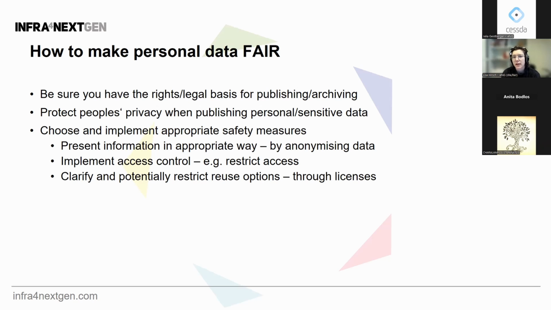So these are the three measures that you can use in order to make data FAIR and then to publish data that contains or has contained personal sensitive data. And I will walk you through these 3 different options now. And they're not mutually exclusive, so they can all happen at the same time and actually should happen at the same time.